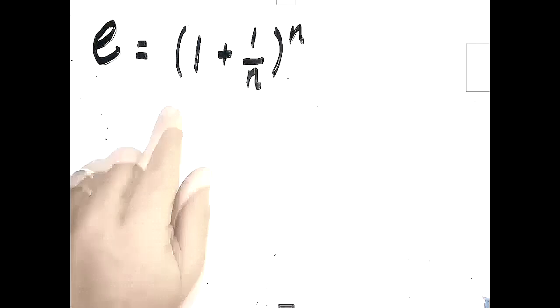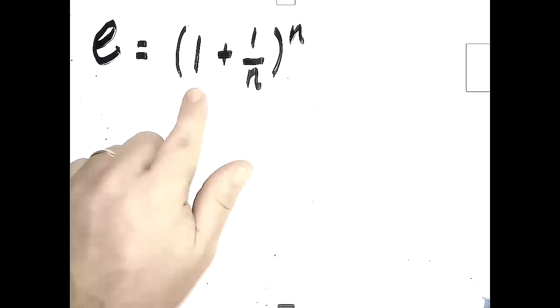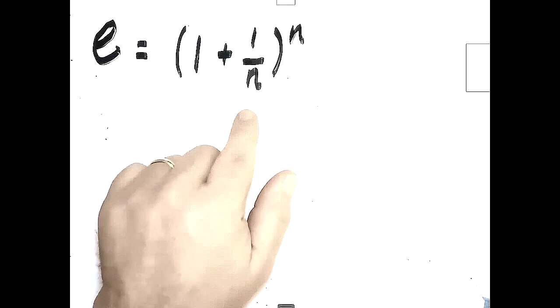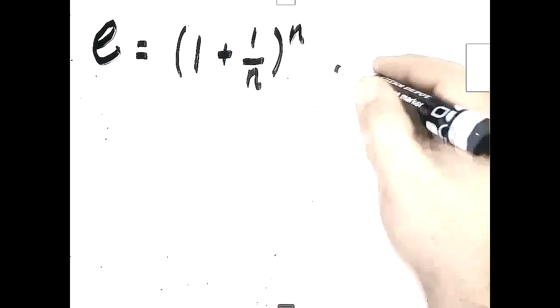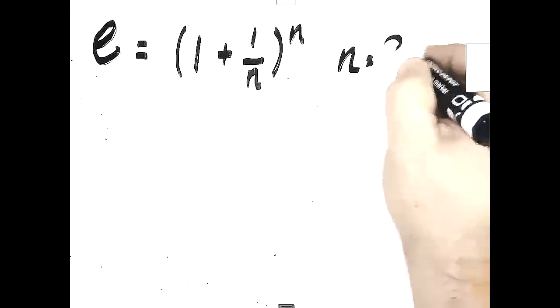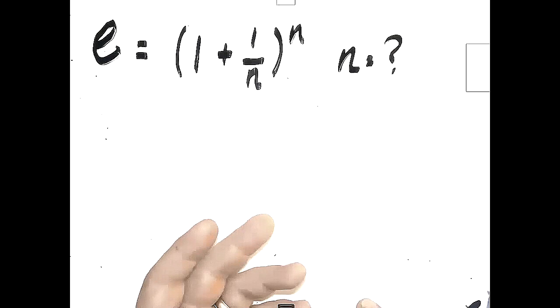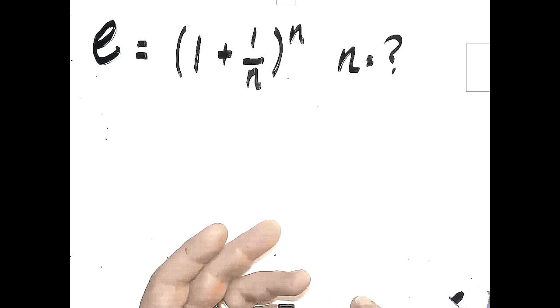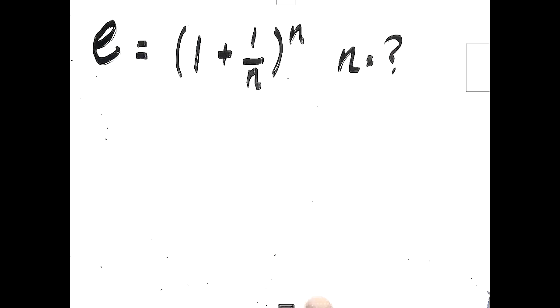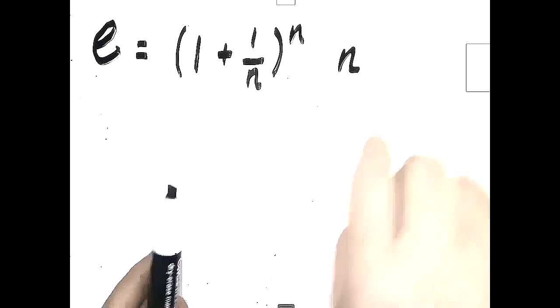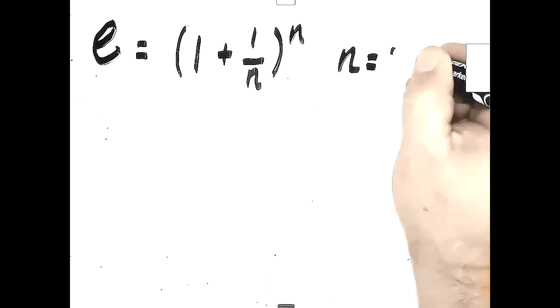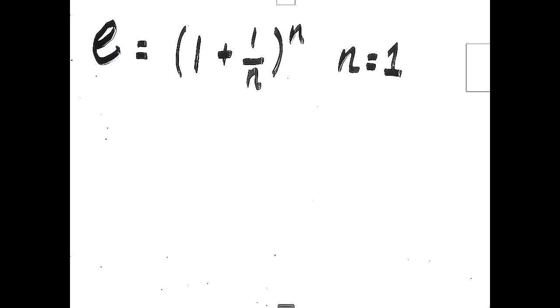But this is the math operation we're going to do. And what it says here is that e equals 1 plus 1 over n, raised to the n power. Now you may say, well, what is n? Well, n in this case is simply the number of times that we're going to do this calculation. Let's say that we just do it once. We're going to do n equals 1.